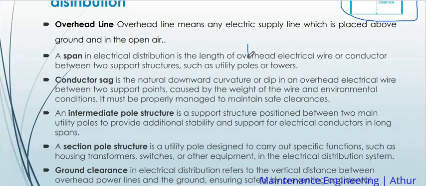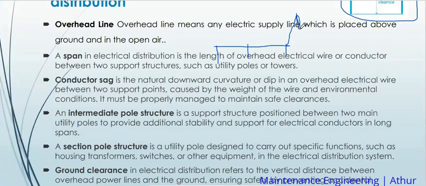If this is a pole, and this is a pole, and there is another pole here, and there is another pole here, and power is running from here up to here.